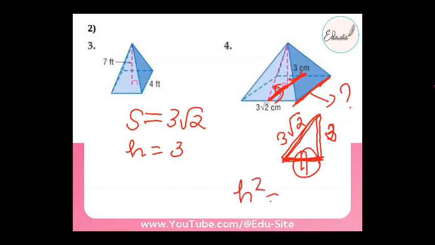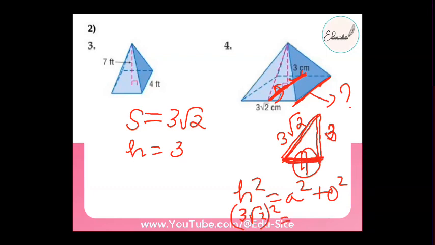Hypotenuse square is equal to adjacent side square plus opposite side square. So hypotenuse, where is hypotenuse? 3 root 2 whole square is equal to, we have adjacent side. Do you have adjacent side? No. We just write a square there. We have the opposite side, which is 3 squared. Okay.